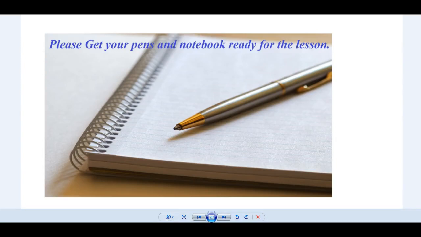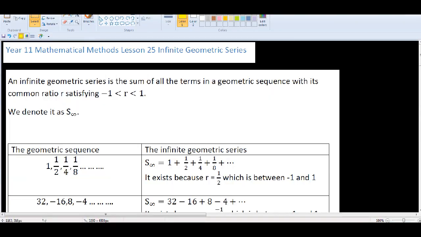Okay guys, year 11 Methods students, this is our last video of sequences. This video is about infinite geometric series. What do we mean by infinite geometric series?